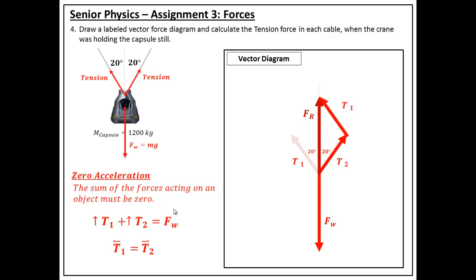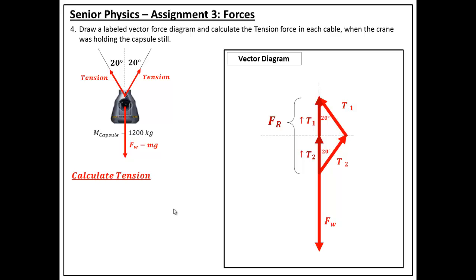So if we add together the 2 tension vectors in the y plane, we get the upward resultant force of the 2 tensions. For 0 acceleration and 0 resultant force, this must be equal in magnitude but opposite in direction to the weight force. As both tension forces are acting at the same angle from the vertical, they must be equal in size.